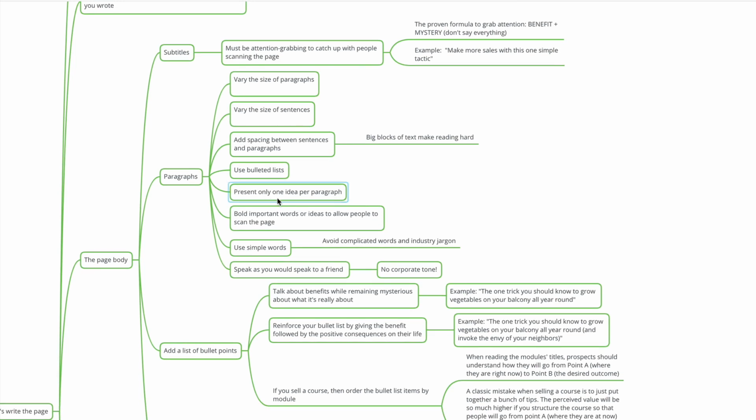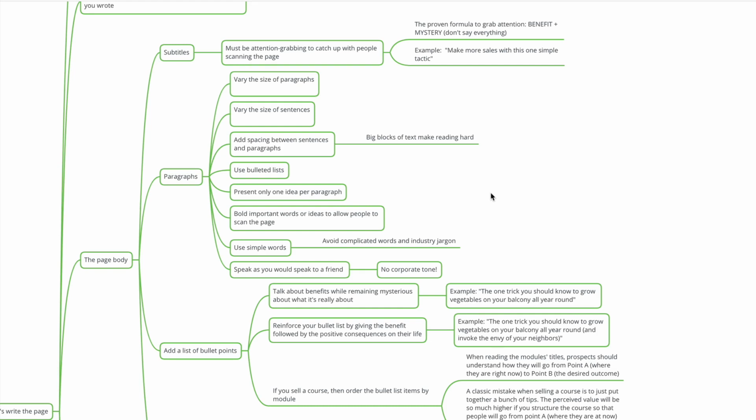Very important, have just one idea per paragraph. Don't try to put a lot of different ideas into one paragraph because it's going to make your text hard to read, okay? And also vary the size of sentences, but try to keep your sentences short. That's very important, okay?